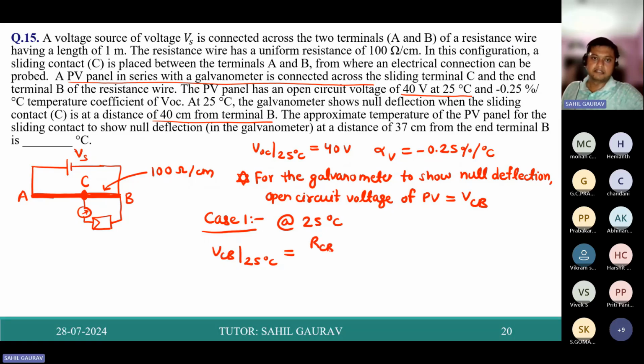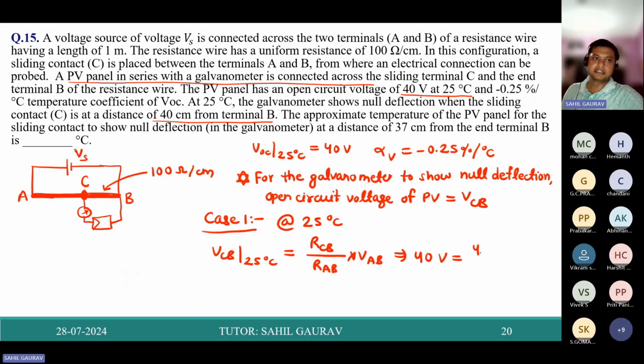So VCB is RCB upon RAB into VAB. This comes from the voltage division rule. VCB at 25 degrees Celsius is given as 40 volt.